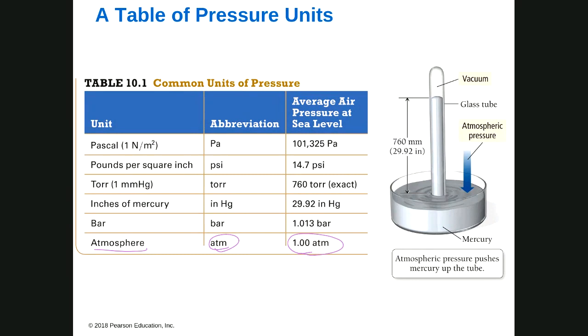I also want to point out that sometimes you'll see 101.3 kilopascals. That's the same as an atmosphere. So you can have 101,325 pascals or 101.325 kilopascals, and that's all equal to 1 atmosphere. 14.7 psi is the same as 1 atmosphere. 760 torr, or 760 millimeters of mercury, those are the same unit.